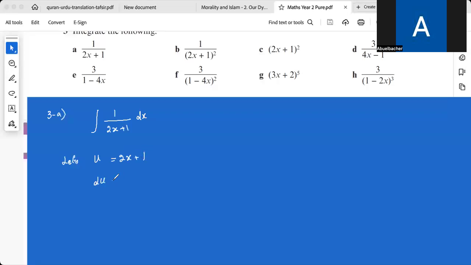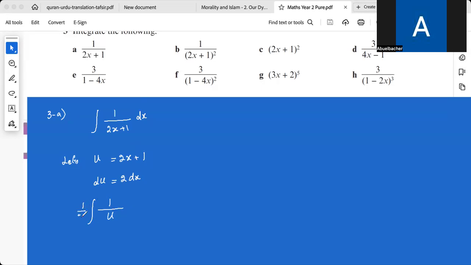Now du is equal to 2 dx, because the derivative of 2x is 2 and the derivative of 1 is 0. So let's put these values back. Then we can see that the integral of 1 over u times dx is du over 2.